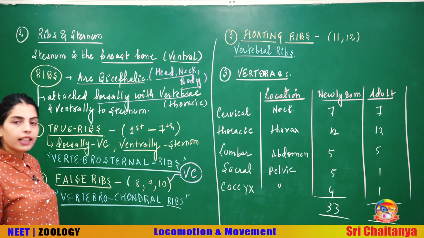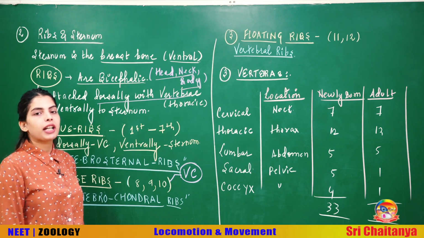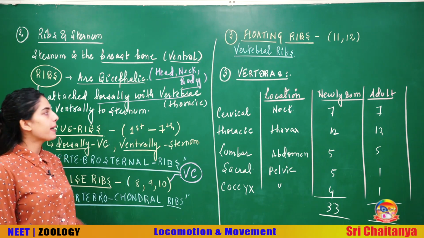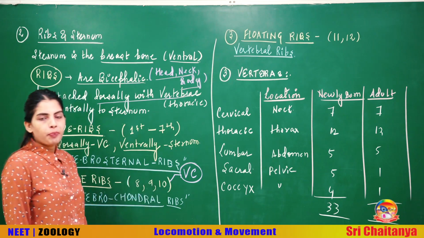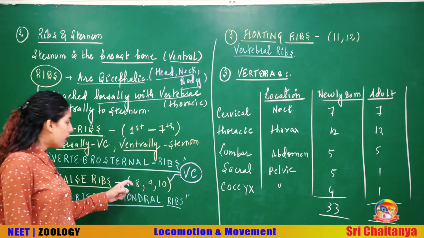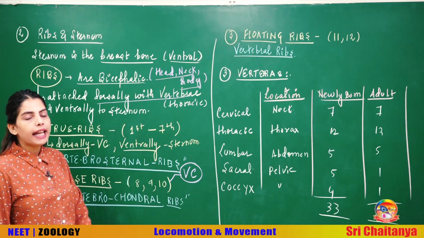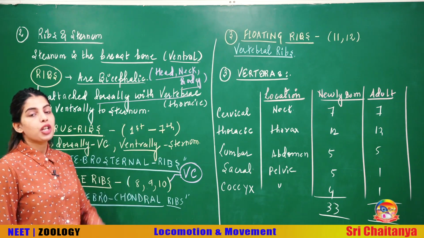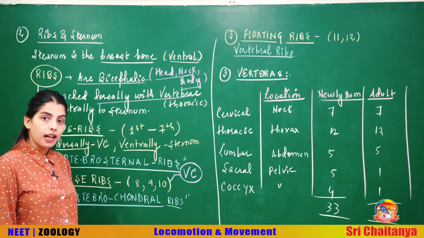They are indirectly attached with the sternum through the costal cartilage, the hyaline cartilage that I told you is present in the 8th, 9th and 10th ribs. It first articulates with the 7th rib's costal cartilage, and that is then attached with the body of the sternum.